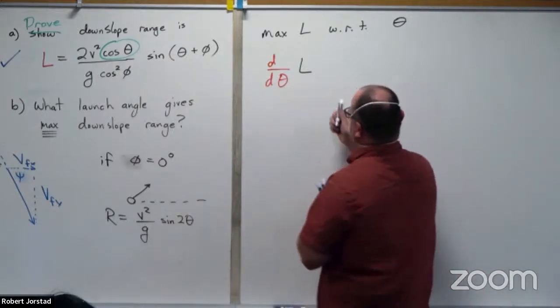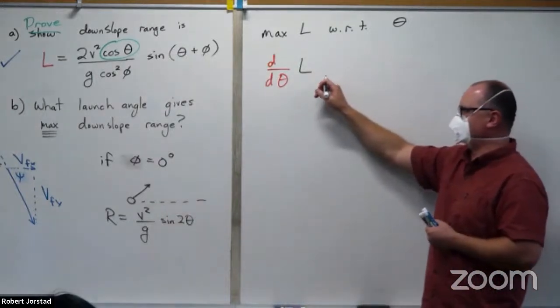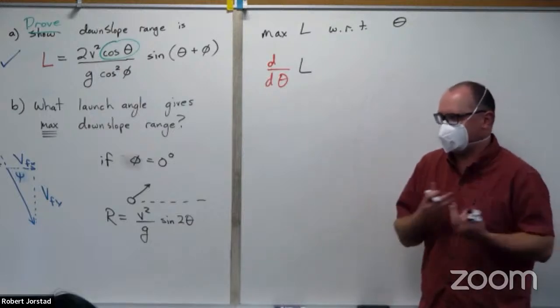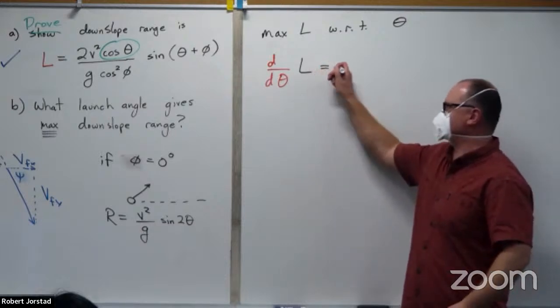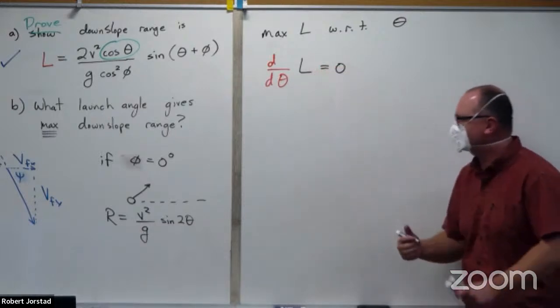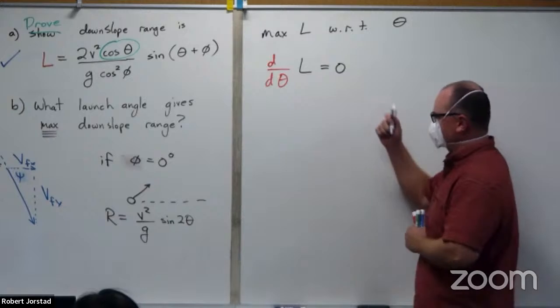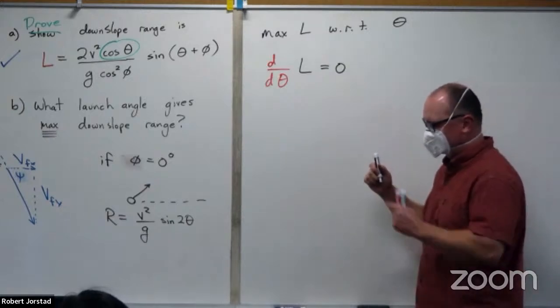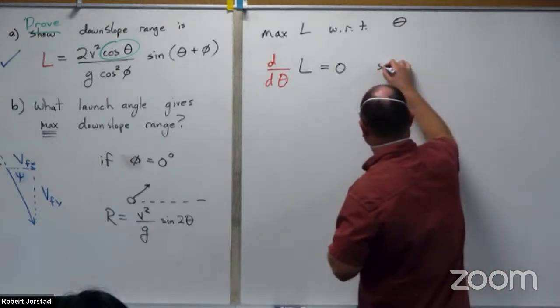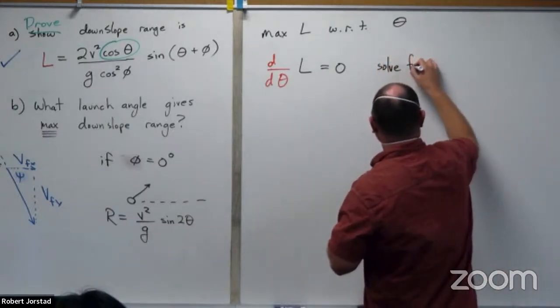Now, somebody said, if we want to maximize this, I take this derivative, and then do I just hold it and keep it? Well, we've got to set it to 0, otherwise we're not doing anything. After you set it to 0, then what? Solve for theta. Yes, excellent.